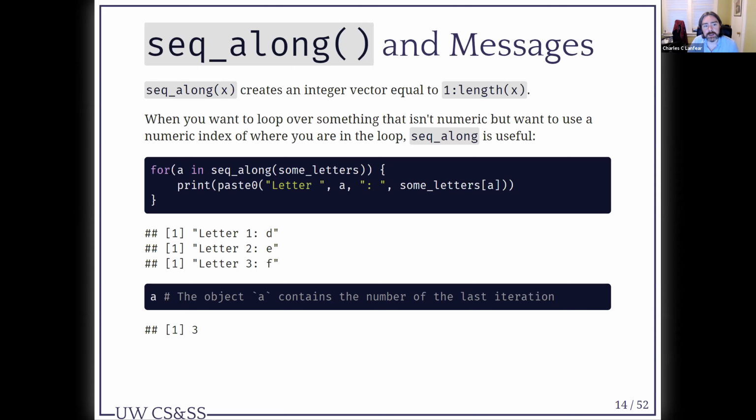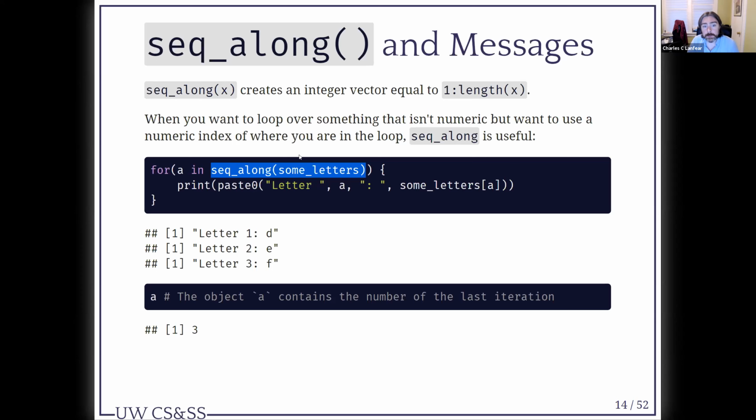Now notice here I said for a instead of for i. That's because this thing right here is arbitrary. I could say for i, I could say for a, I could say for some_object in seq_along, it's perfectly happy. In this case, it's just going to create an object a and assign to that object each element of seq_along(some_letters), one after another.